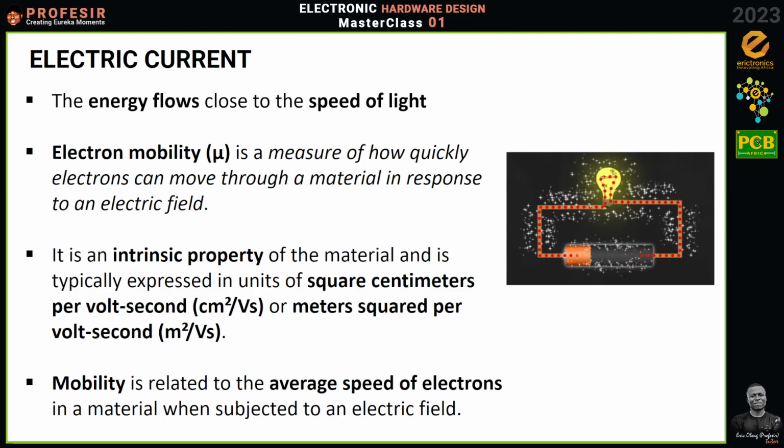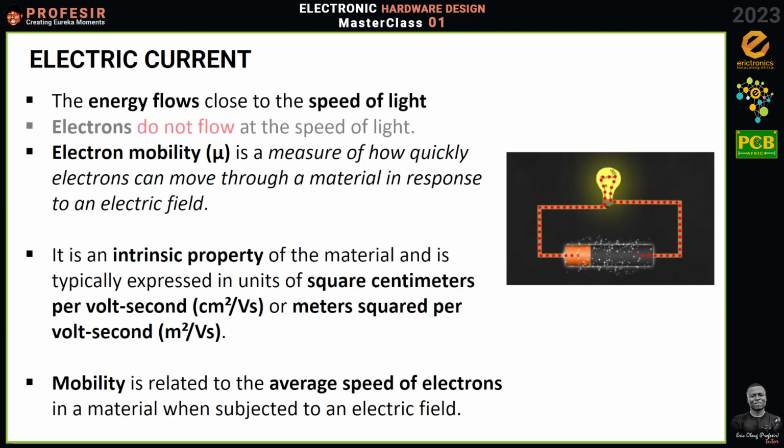Take note, most of the time you don't have to worry about this. We are just learning about these things for understanding of what is to come. Is that okay? Good. So we can say mobility is related to the speed of electrons in the material.